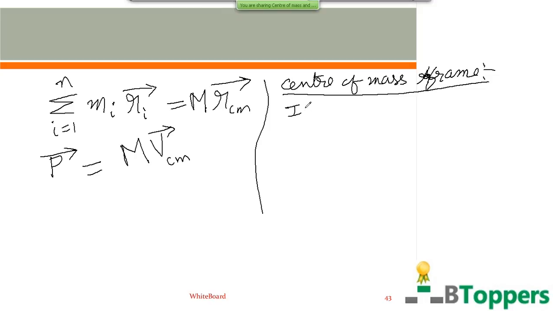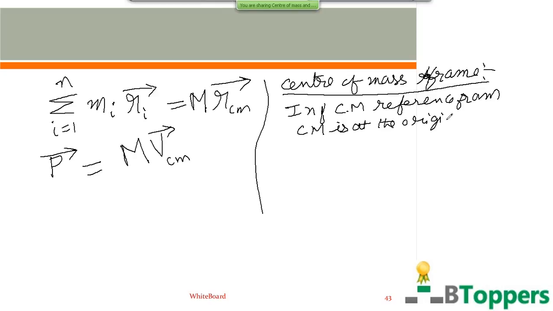So in this center of mass reference frame, or in short we write CM reference frame, the center of mass is at the origin of the coordinate system. So the distance of the center of mass from the origin is 0, so R_CM bar is 0 bar, and the velocity of the center of mass will be 0.